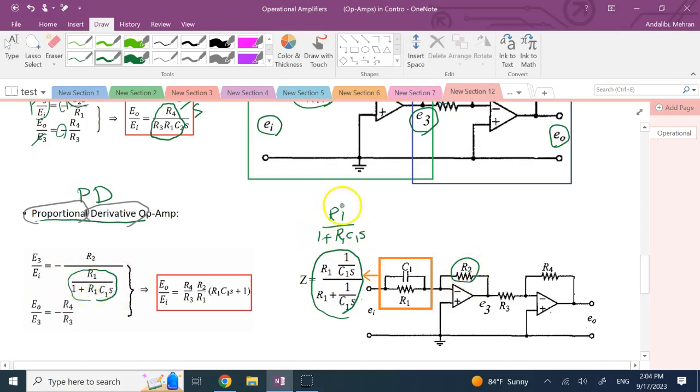So R2 over, or Z2 over Z1 with the negative sign, that's E3 over EI, and then EO over E3 is again negative R4 over R3. Multiply both sides together, get rid of E3s. EO over EI is going to be the product of these two, which is R2, R4, over what? R3 times what?